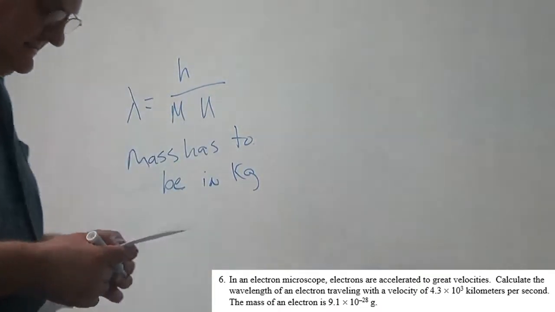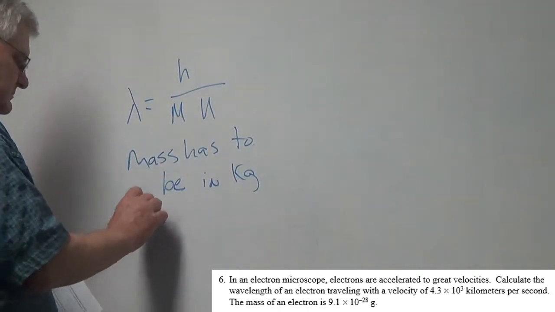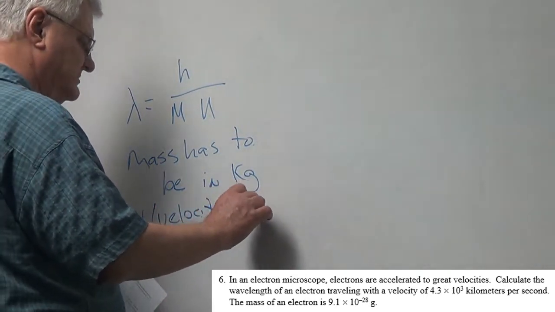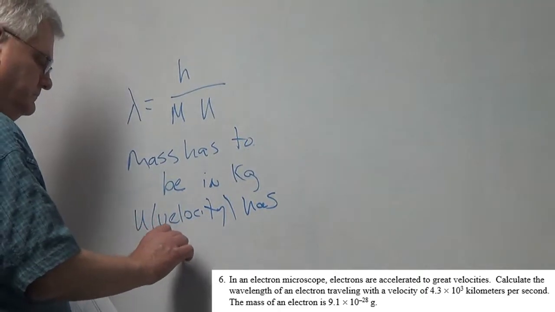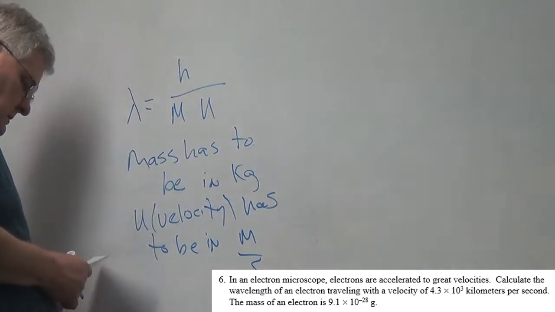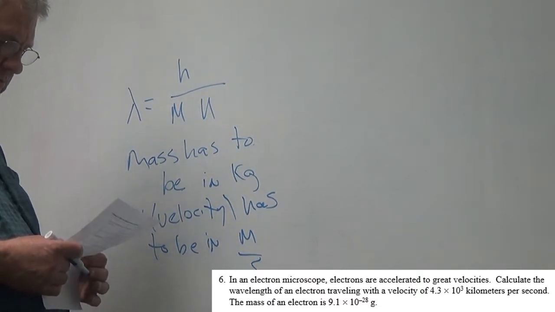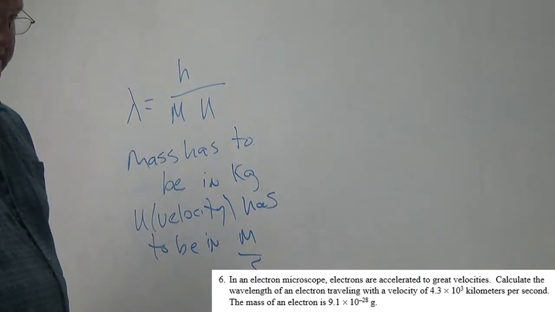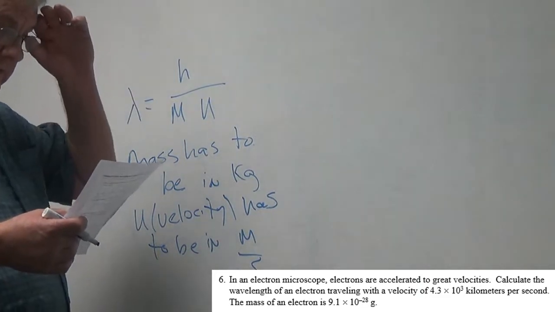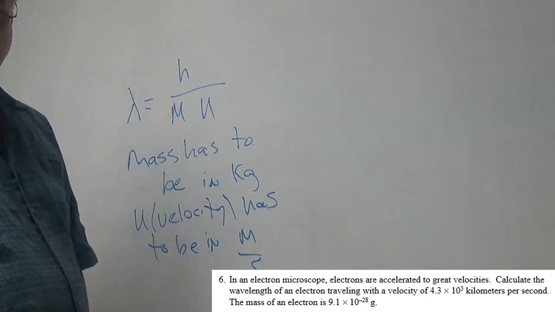And also the velocity, and we're using u for velocity, it has to be in meters per second. And in this problem, just to make life miserable, the velocity is given in kilometers per second. So you got to convert the kilometers per second to meters per second, and you got to convert the mass of the electron from grams to kilograms. Okay?